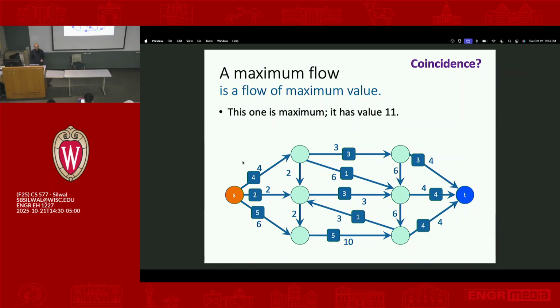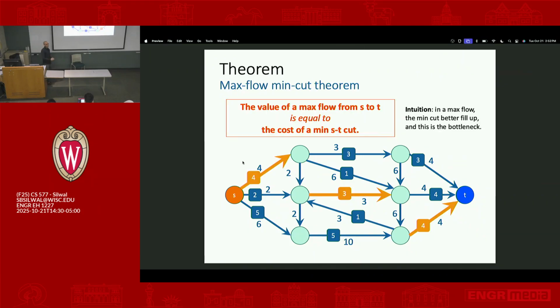So this is called the max flow min cut theorem: the max flow, which is the maximum amount of stuff you can send from S to T, turns out to be the same as the minimum cut separating S and T. And not just for this particular example, but for any network where you have an S and T and directed edges and costs and so on, the max flow is equal to the min cut. Okay.